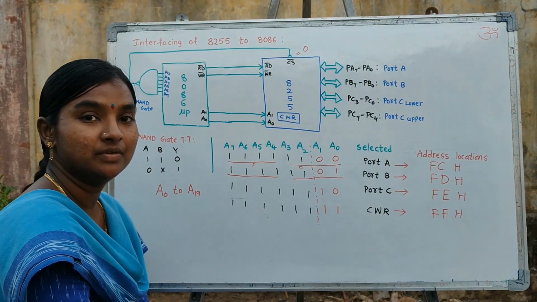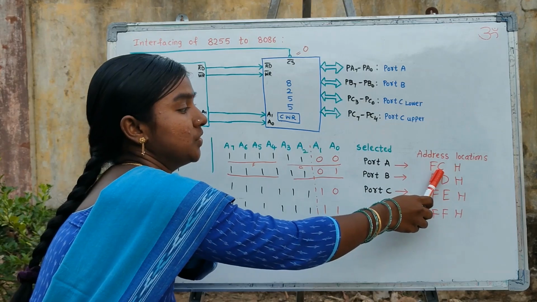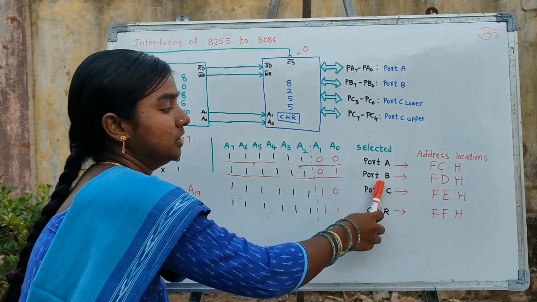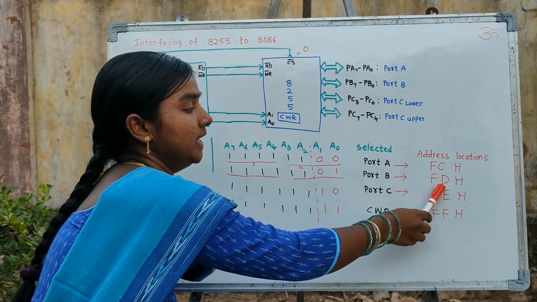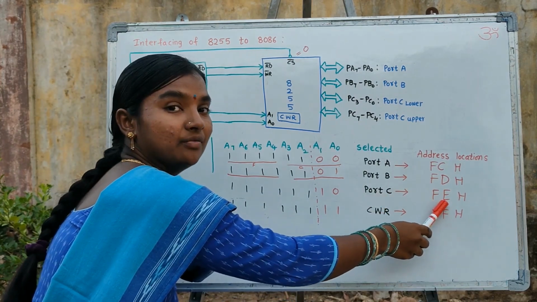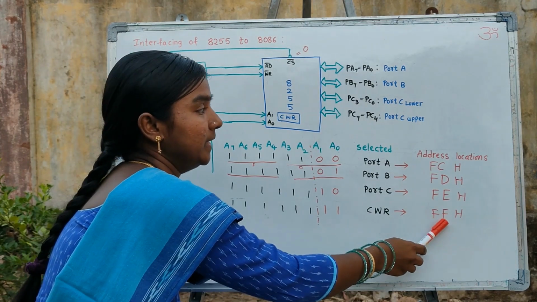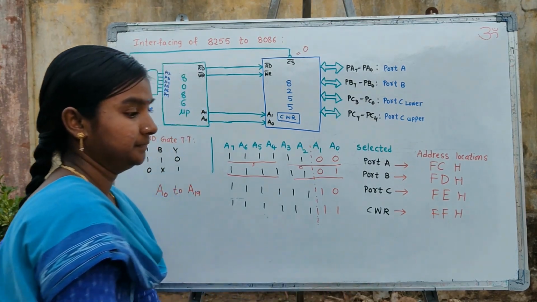For this interfacing configuration, the port A address location is FC, port B is FD, port C is FE, and the control word register is FF.